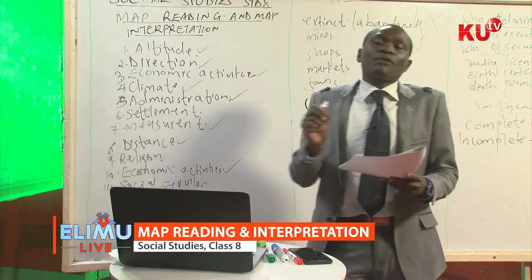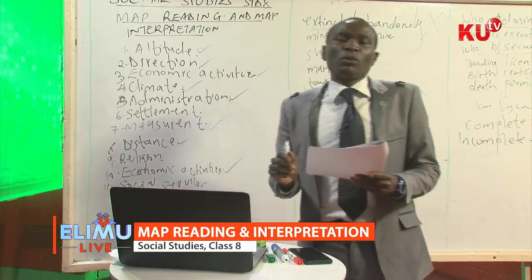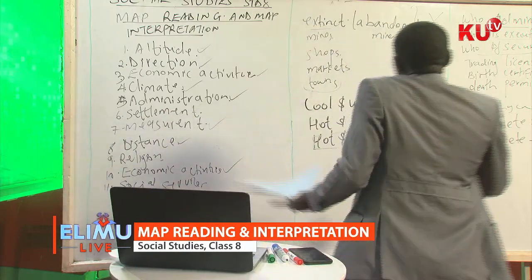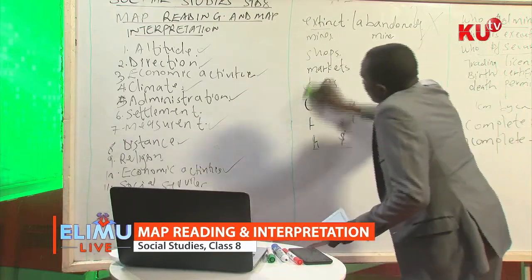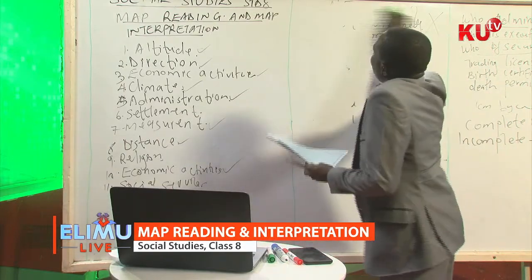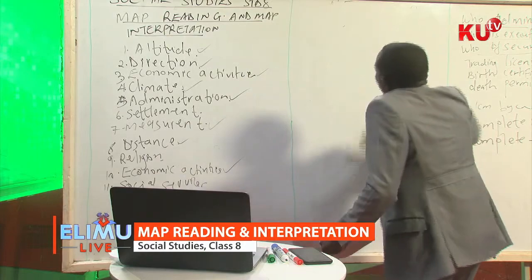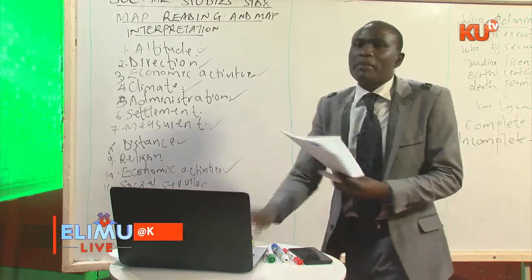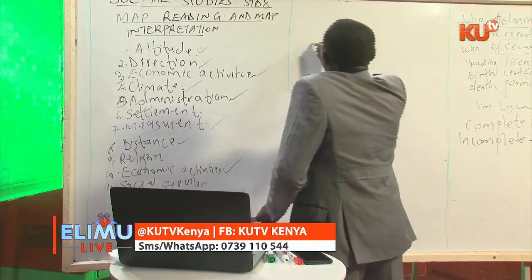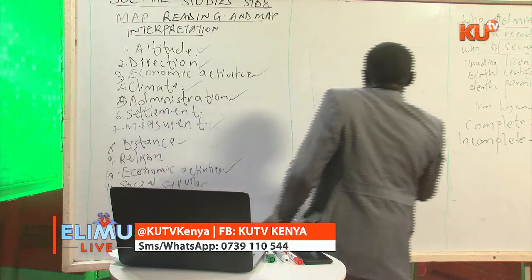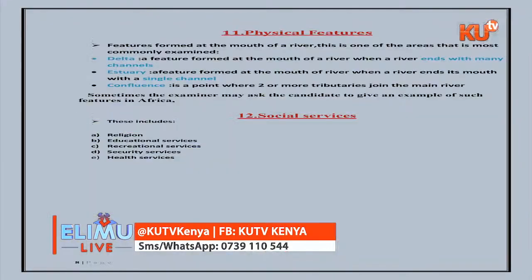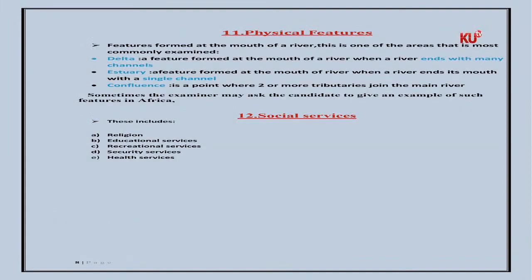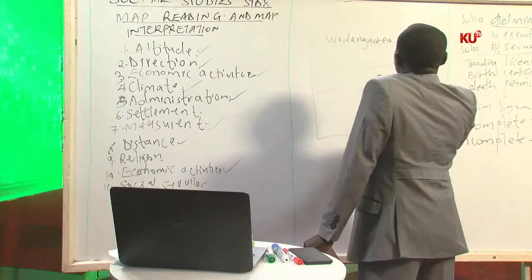Lastly, physical features is an area that is most commonly examined on map work. They will ask you about vegetation. The type of vegetation in this map is likely to be, for example, if this is Wodanga area, there is what we call forest here.